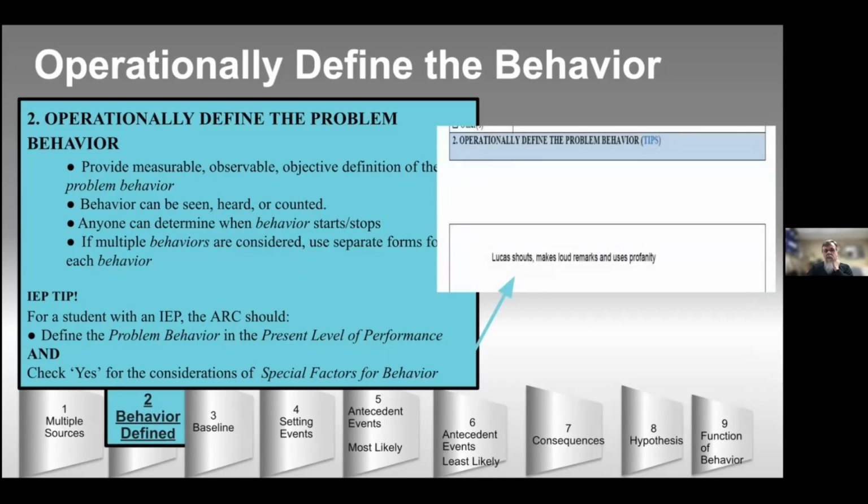This is a specific definition of a young man that a case study was completed on. His name is Lucas. Lucas shouts, makes loud remarks, and uses profanity. So we would make that so specific that anyone that walked into that classroom would know what that behavior was and know what we're trying to address and how we're trying to change that behavior.